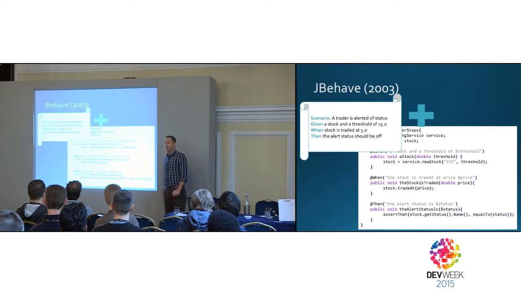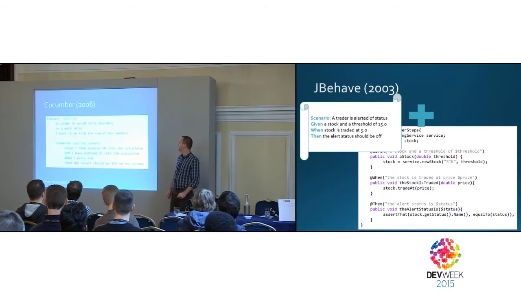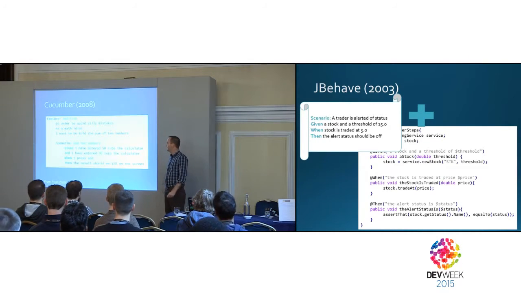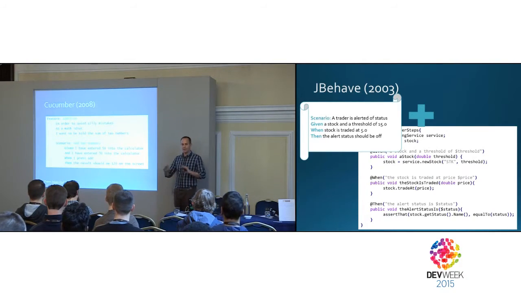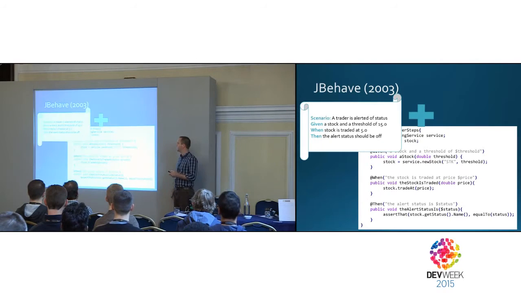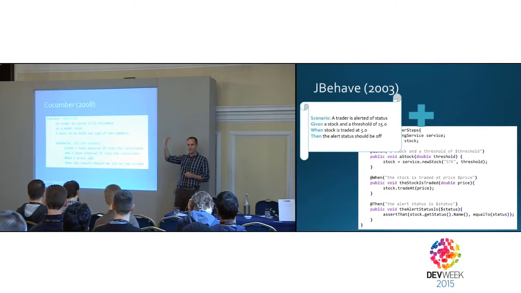One of the best-known BDD tools is Cucumber. It started from Ruby, actually. And it has a feature. A feature is similar to a user story. We take a bunch of scenarios and put them in features, because JBehave only had scenarios. Now we have a higher level, a feature. This is just plain text.